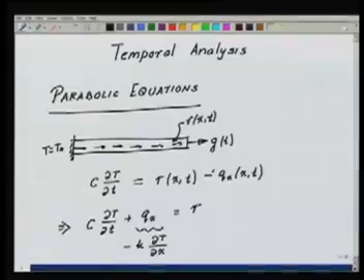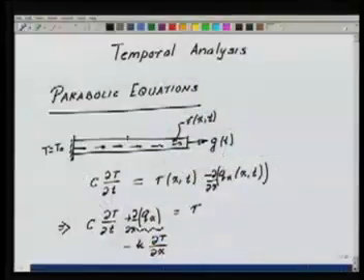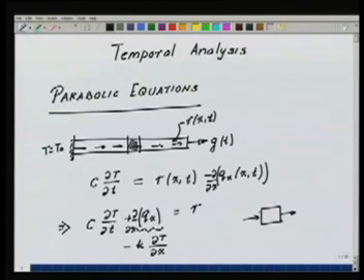This will be del x of Qx, because we are talking of an infinitesimal volume. You can check this in any book on heat transfer, or you can take an infinitesimal piece and look at the flux coming in, flux going out, and so on.